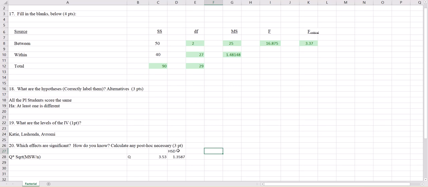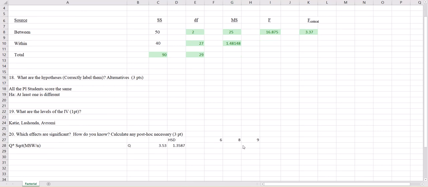We have our means of 6, 8, and 9. Katie, Avrami, Lashonda. So we need to do the differences. Katie compared to Avrami is a difference of 2. Katie compared to Lashonda is a difference of 3. And Avrami from Lashonda is 1.